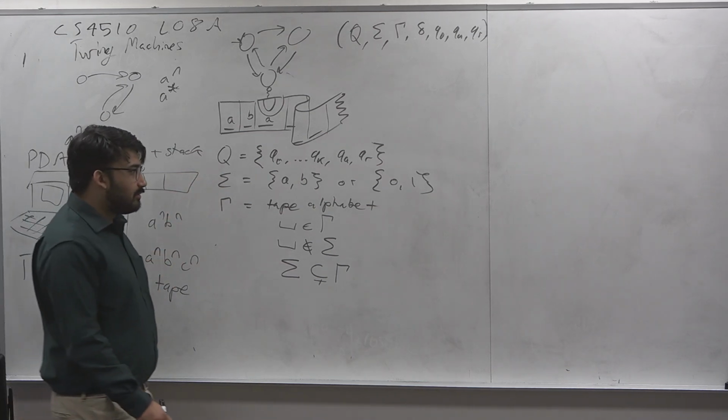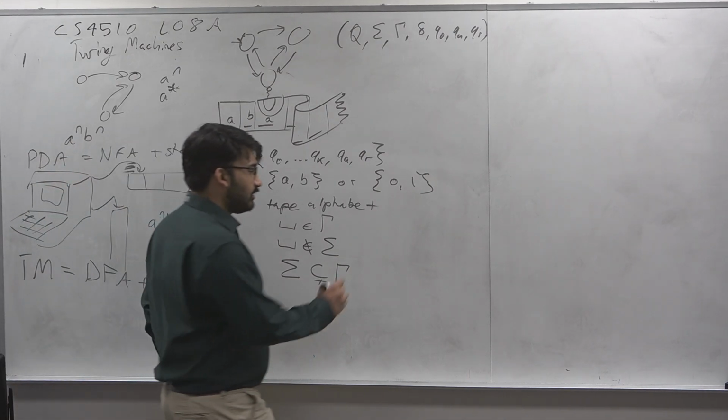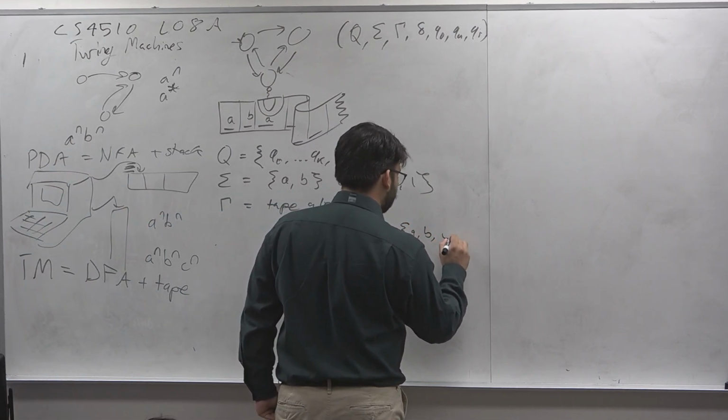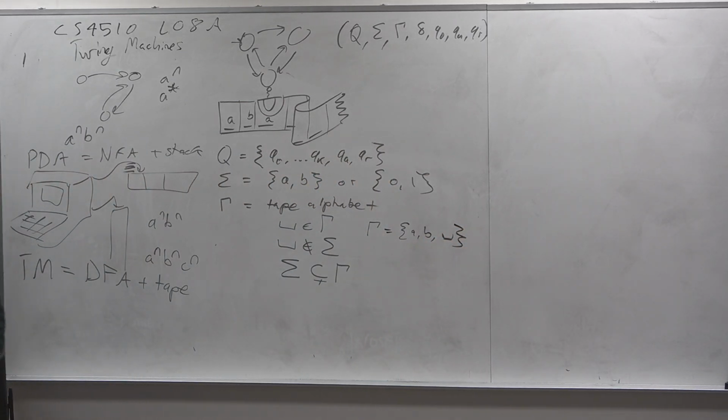And conventionally, the tape alphabet will usually just be the input alphabet with the blank, right? So by convention, most of the time, this will be true, if you just wanted to think of it that way. When that won't be the case is when we want perhaps more useful symbols in the tape alphabet to do something interesting. Let's talk about what the transition function ought to look like.